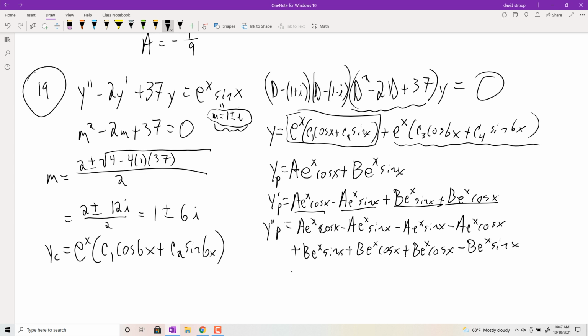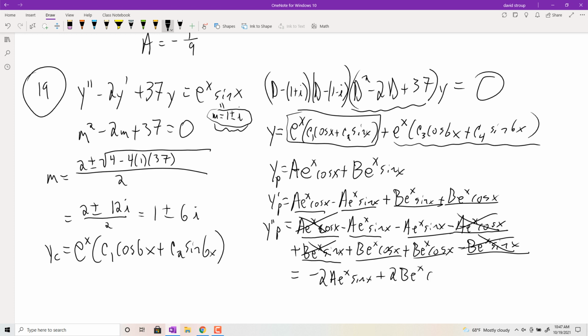Okay? Simplify the heck out of that if possible. So we have A e to the x cosine x minus A e to the x cosine x. So those are gone. We have B e to the x sine x minus B e to the x sine x. So those are gone. And then we have negative 2A e to the x sine x, and plus 2B e to the x cosine x. And I think we're ready to rock and roll.